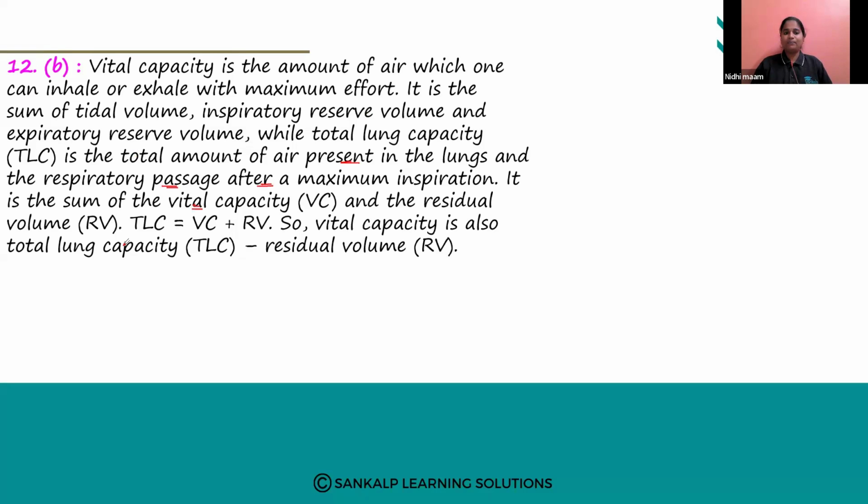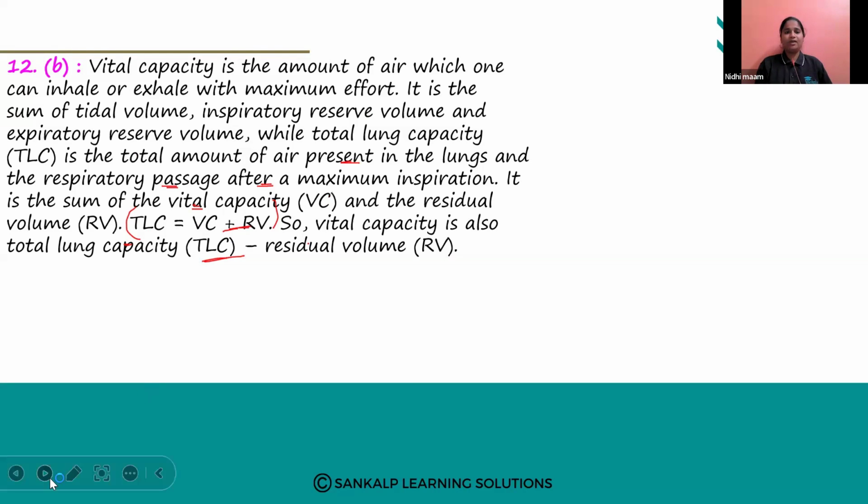So total lung capacity can be given as vital capacity plus residual volume. ಹೌದಾ? So total lung capacity minus residual volume also gives you vital capacity. Okay, so this is regarding the formula.